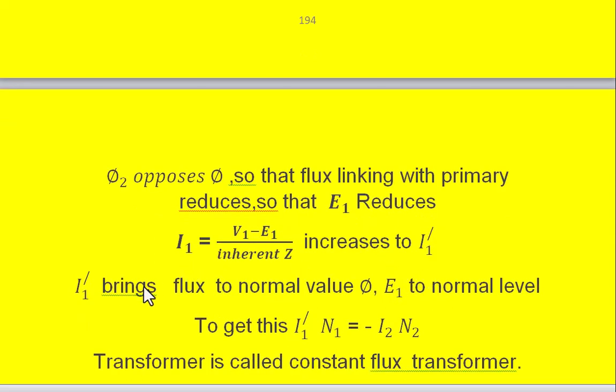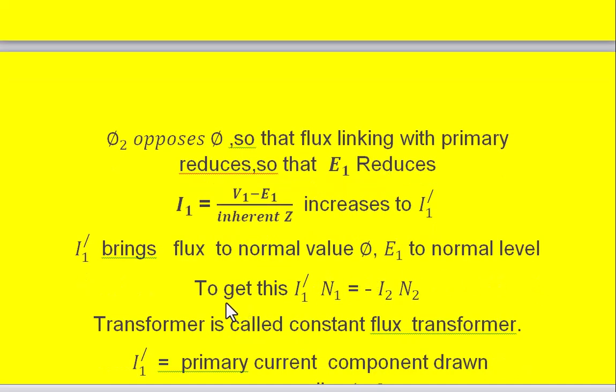And this I1 dash, called the primary current component, which brings the flux to the normal value phi, so that this flux brings the E1 to the normal level.